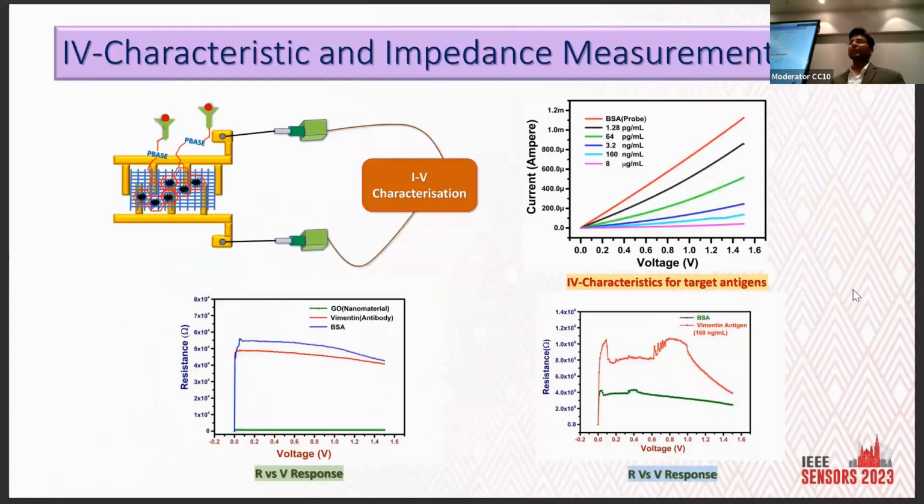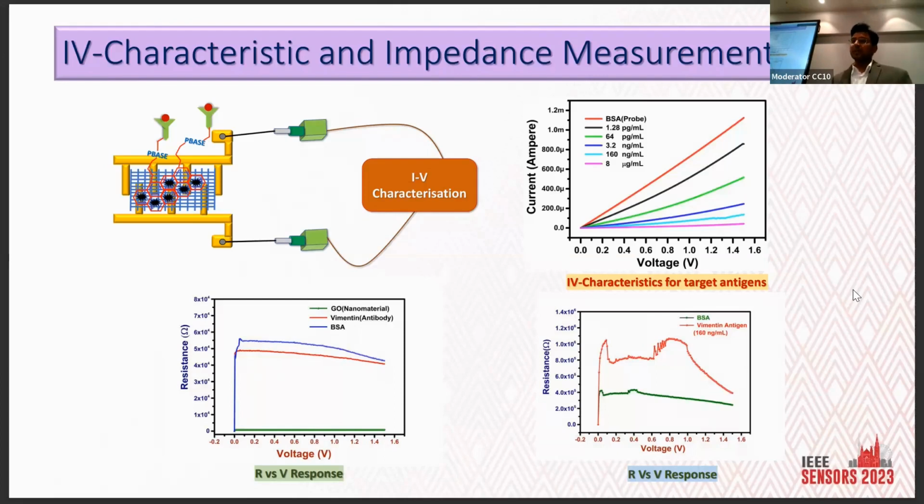After that, we measure the impedances. We carry out the IV characteristics, and then we study what actually happens when antibody-antigen binding takes place. You can see in figure 1 that since these antibodies and antigens are biomarkers, as they interact with each other, it increases the impedance of the device.